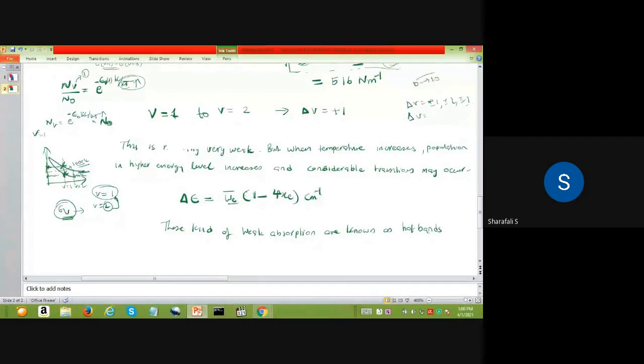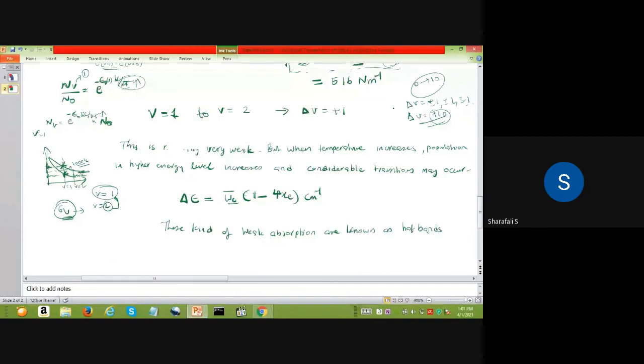That will be plus 10. That selection can be possible, but the transition from 0 to 10 energy level is a very big jump. In between you have V equal to 1, V equal to 2, V equal to 3. So the molecule always tries to occupy these energy levels.